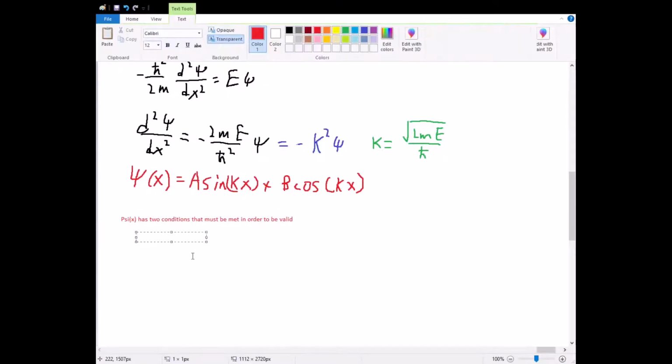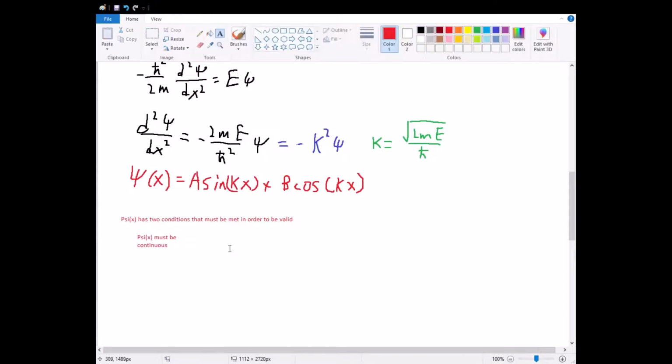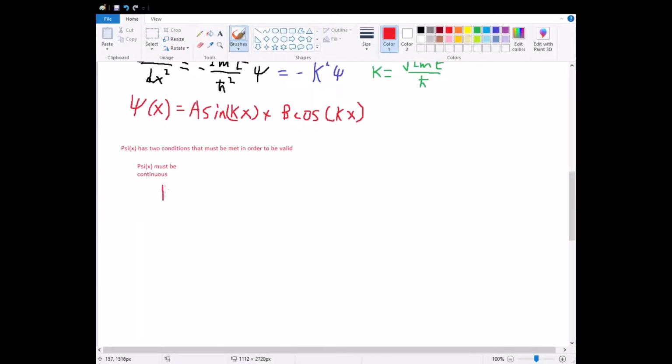The first condition is that psi of x must be continuous. The reason why psi of x must be continuous is because we require that the integral over all space, from negative infinity to positive infinity, of the magnitude of psi of x squared dx must equal 1.